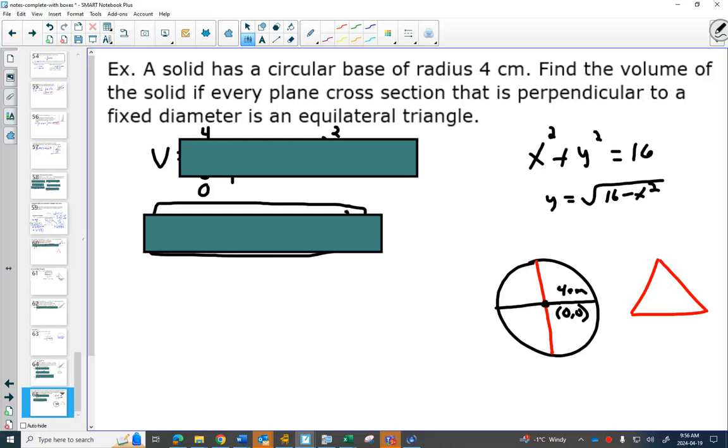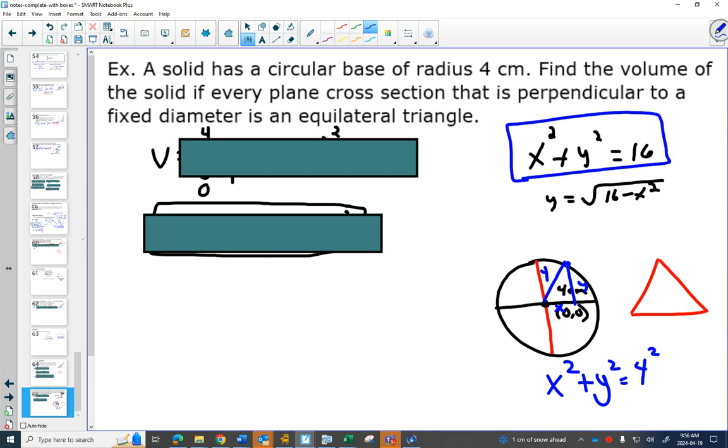Any point that I pick on here makes a right angle triangle with an x coordinate and a y coordinate, and because the radius is 4, the hypotenuse of that triangle would always be 4. And so we just take that triangle and say, well, it's definitely true that a squared plus b squared equals c squared. So this is the equation of a circle.